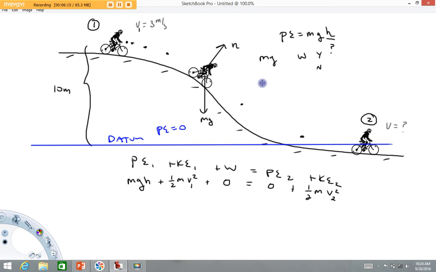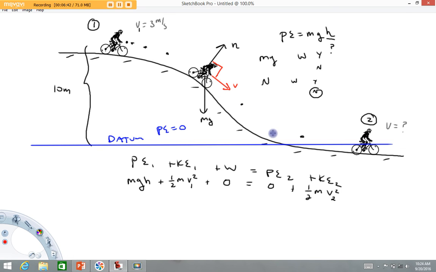Now, the next question, normal. Is there work done? Yes or no? And the answer to that one is no. The reason is that if I draw the velocity vector, I'm going to do this in red, at the instant shown, the velocity vector is this way, give or take. And the normal always makes a right angle to the velocity, and that's true anywhere along this curve.